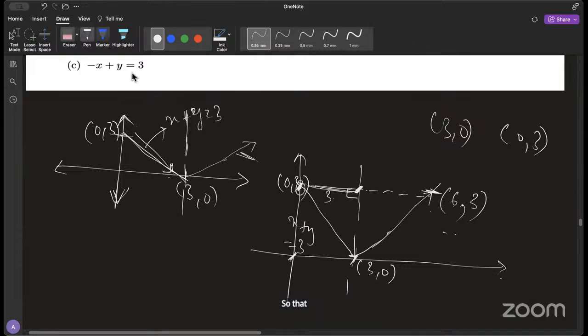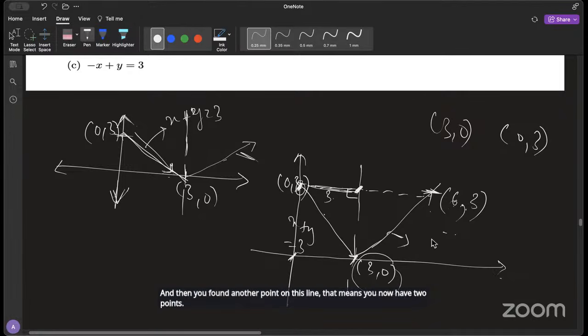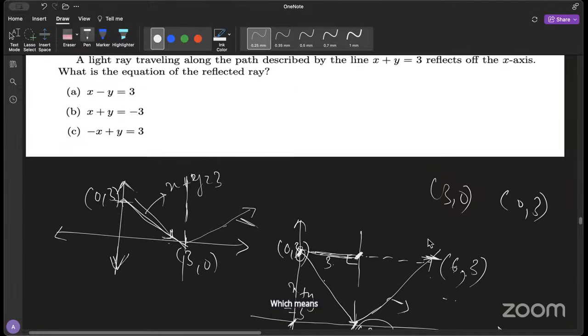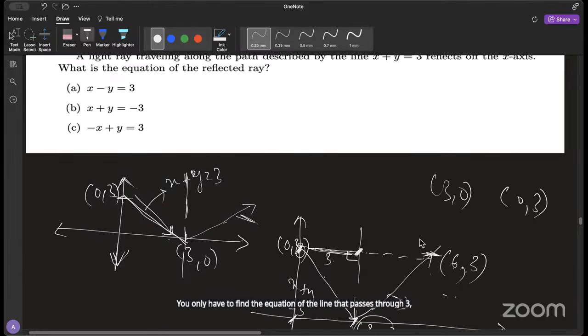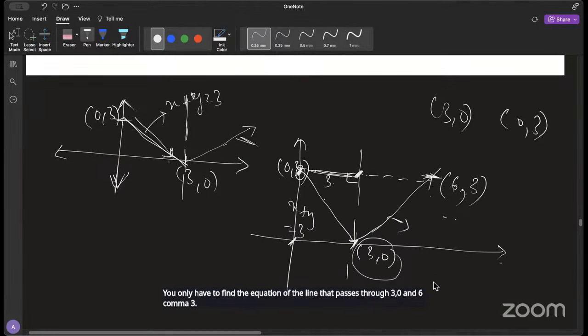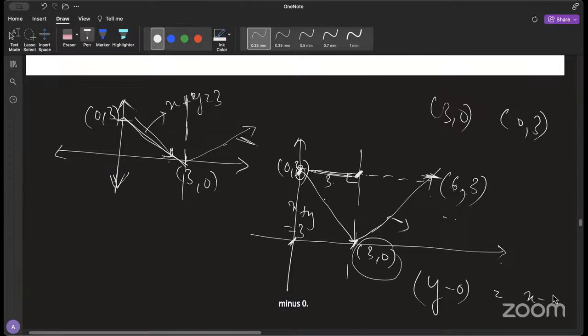So you already have one point on this line, which is the reflection of this line, and then you found another point on this line. That means you now have 2 points, which means you can find the equation of this line, right? You only have to find the equation of the line that passes through (3, 0) and (6, 3). So it will be y minus 0 equals the slope times (x minus 3).